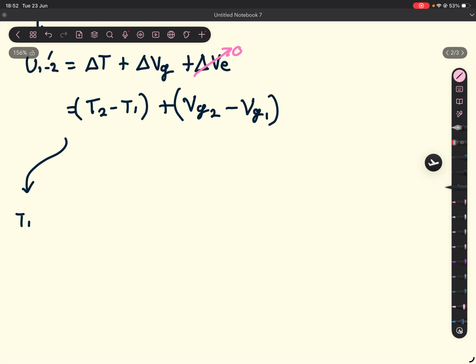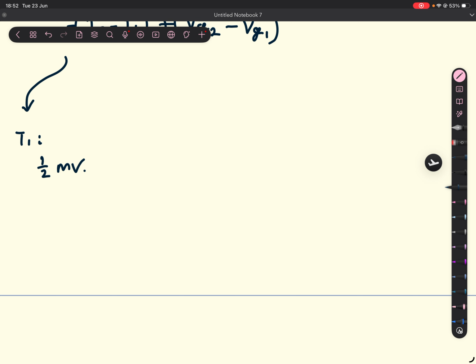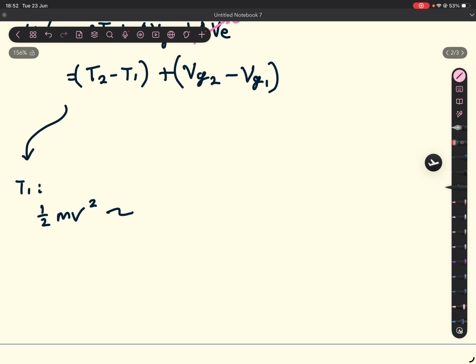So we're going to start off with T1. T1 is just a half mv squared. And then we can either do it for each and every particle, meaning we can take the sum of 1/2 m_i v_i squared. Or, going back to FSK, this is what we did, we always looked at the system as a whole.